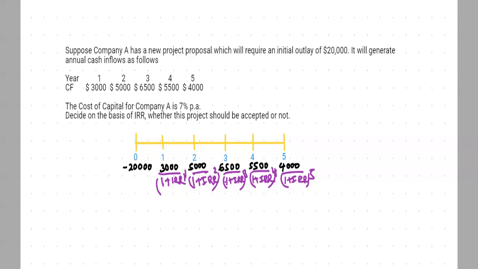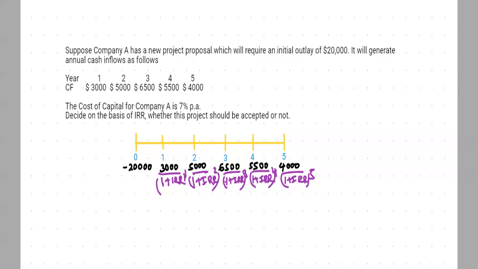If we draw a timeline, the cash flow at time 0 is negative $20,000. That is a cash outflow of $20,000. In year 1, 3,000; year 2, 5,000; year 3, 6,500; year 4, 5,500; and year 5, $4,000. To get the present value of each cash flow, we'll divide it using the IRR.